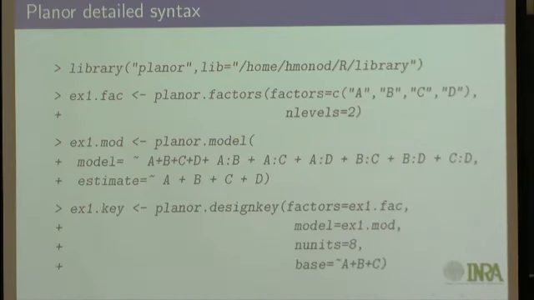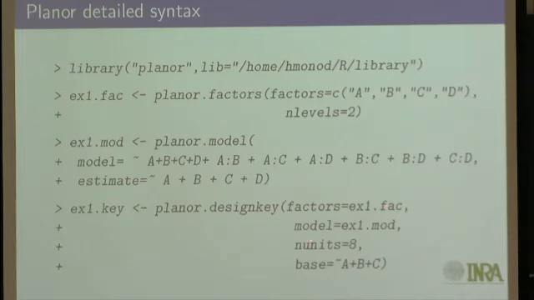What we have not given yet is information on the units. In fact, we give it in the command which will make the search. This command is called planar.design.key. It will store its results in an object called x1.key, and its arguments are the factors, which we have stored in this object, and the model, for which we have stored the information in this object.